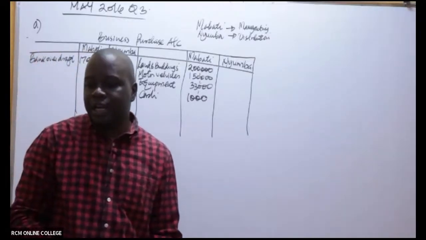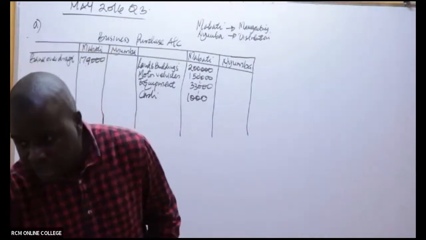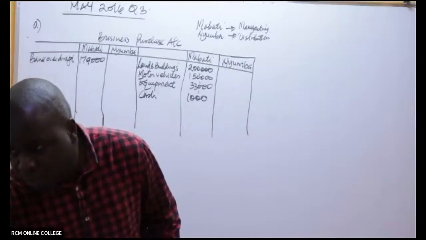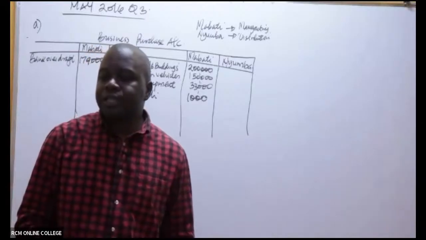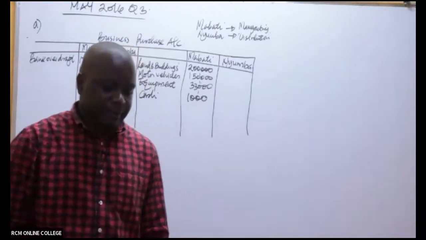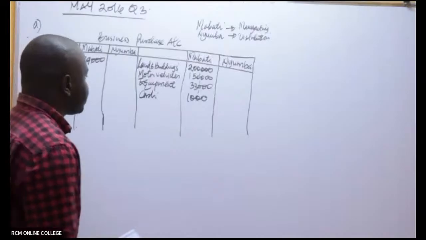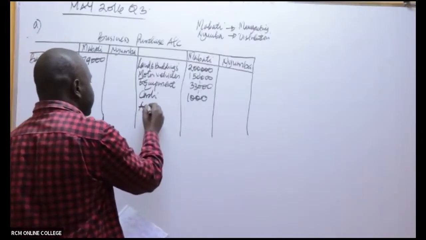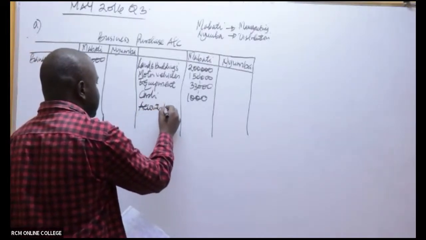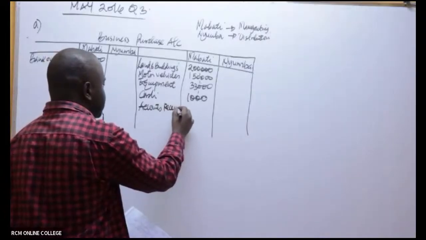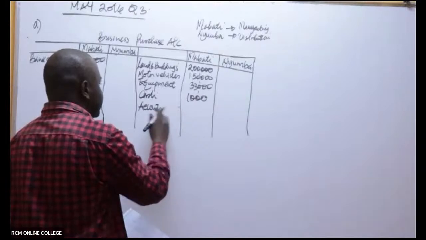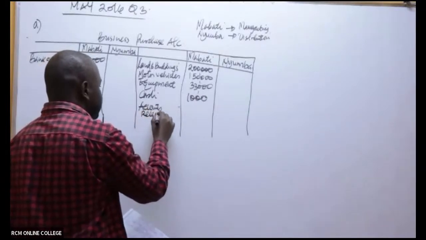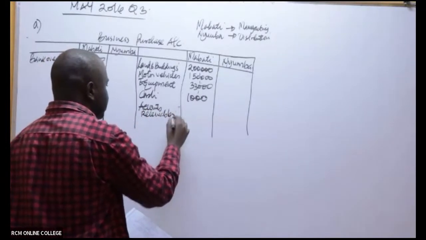Then, its share of accounts receivables. If you look at the accounts receivables, what is the share they are supposed to take? What is Mabati supposed to take?